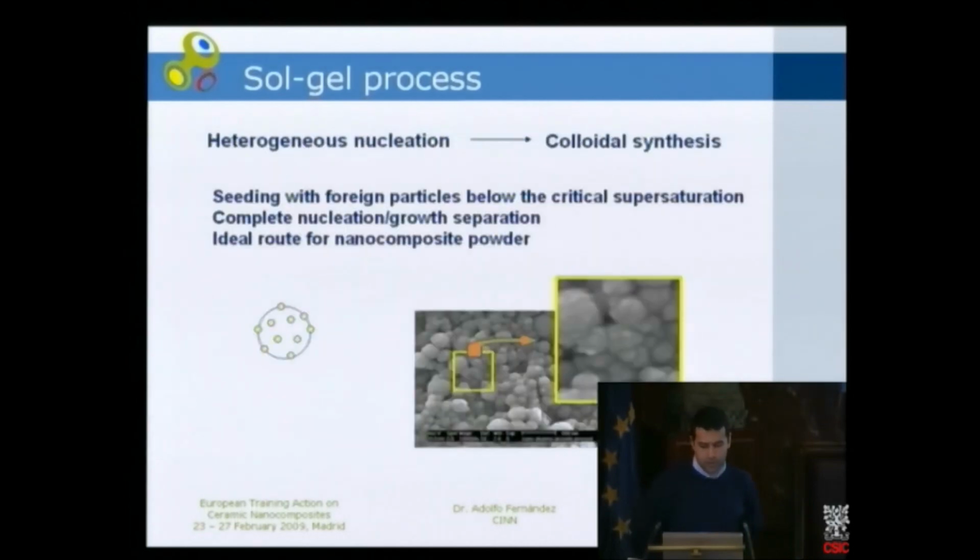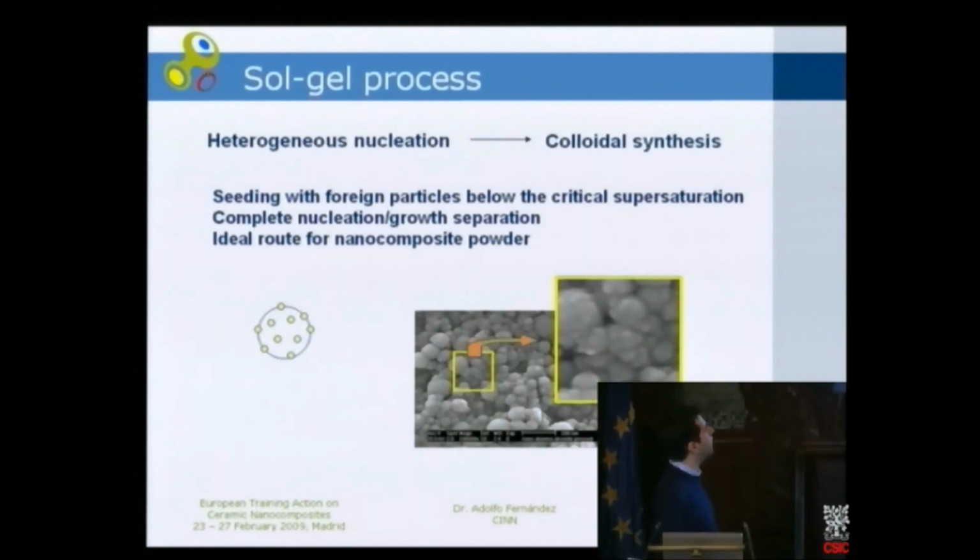And for example, this can be achieved by heterogeneous nucleation. In the heterogeneous nucleation, the solution is seeded with foreign particles below the critical supersaturation in order to promote the nucleation of the precursors on the surface of these particles.